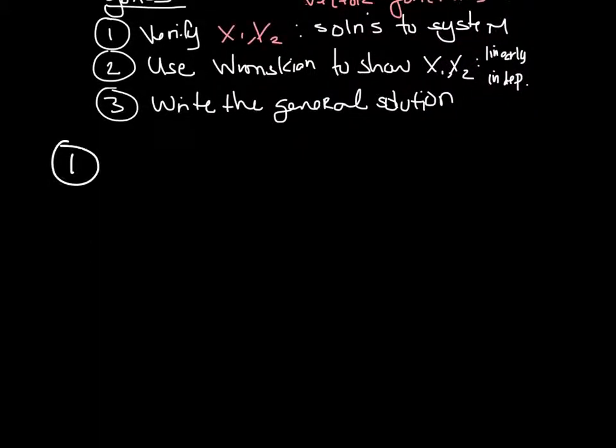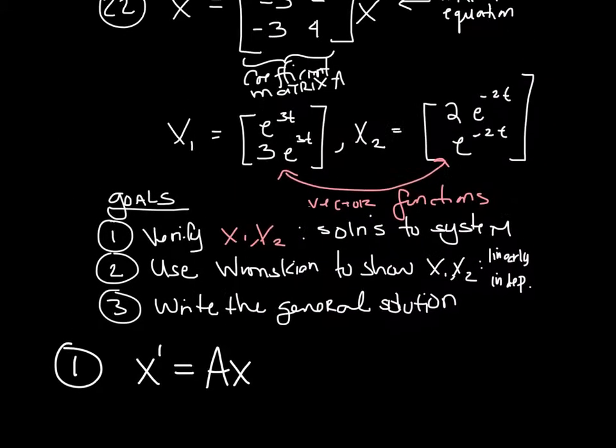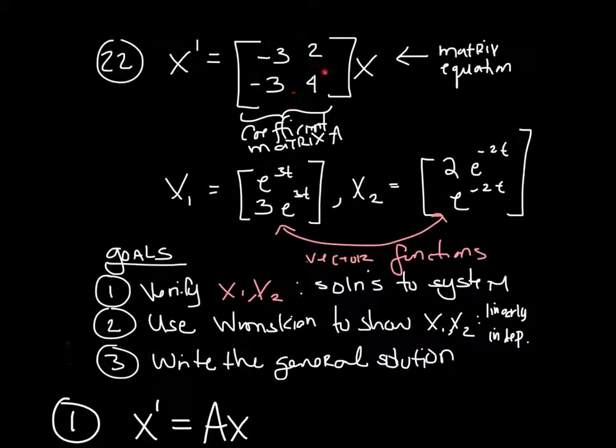Number 1 is verifying that these vector functions are in fact solutions to the system. We basically want to show two things. Our general equation is x prime equals Ax, where A is my coefficient matrix above, but this x is really x bold, so it represents the solutions.